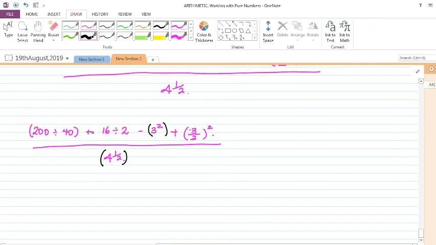So I'm going to look at the brackets first. This will be translated into 25 by 40, which is going to be 5. Bring back everything that's not in brackets: 16 divided by 2, minus 3 squared.